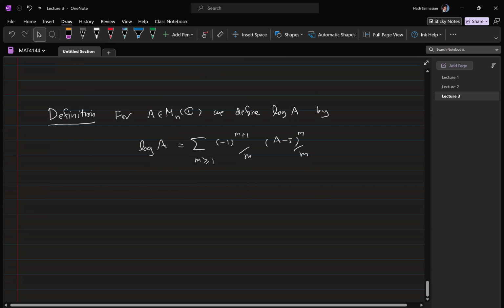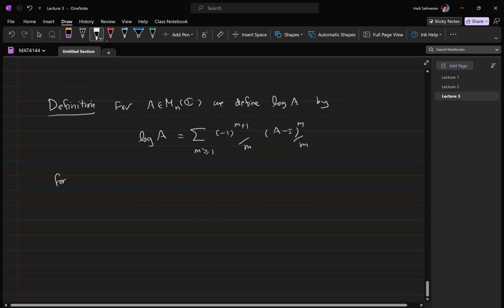But for which A? Well, we want to give the definition as generally as possible. So whenever the series converges. So one case: if the Hilbert-Schmidt norm of A minus I is less than 1, then log A is defined.